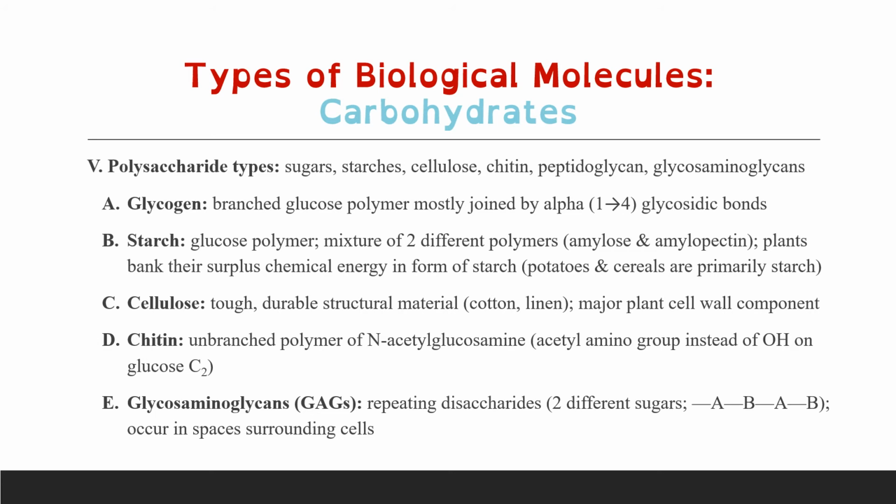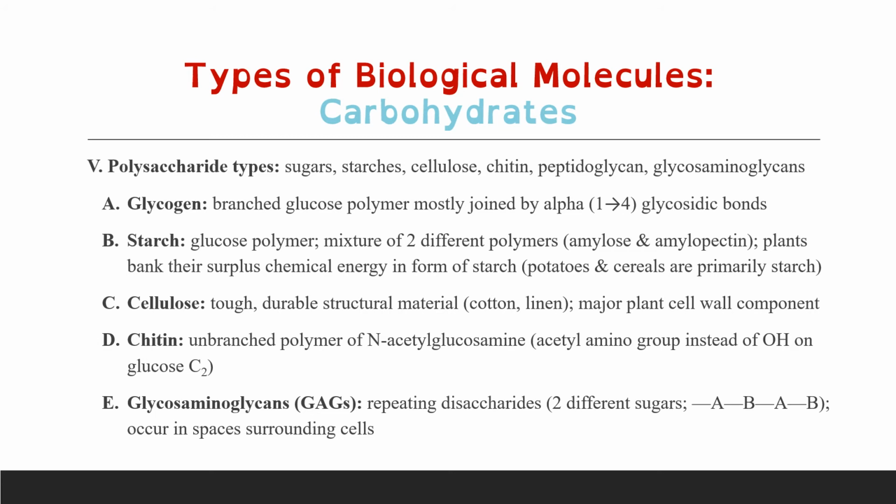Next, you have chitin, which is an unbranched polymer of N-acetylglucosamine, with an amino group instead of a hydroxyl on glucose. They occur widely as structural materials among invertebrates, particularly in the outer covering of insects, spiders, and crustaceans.